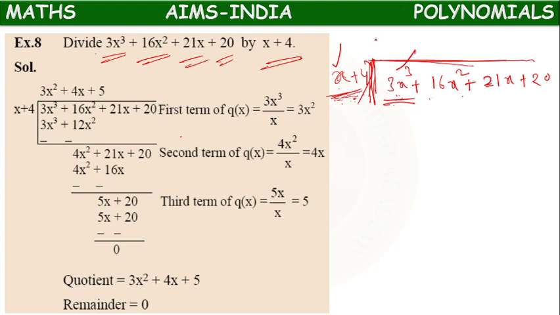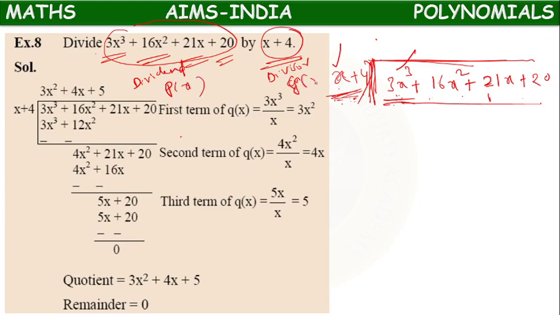Whatever value is given, this is called the dividend, and this is the divisor. This is p of x, this is g of x.